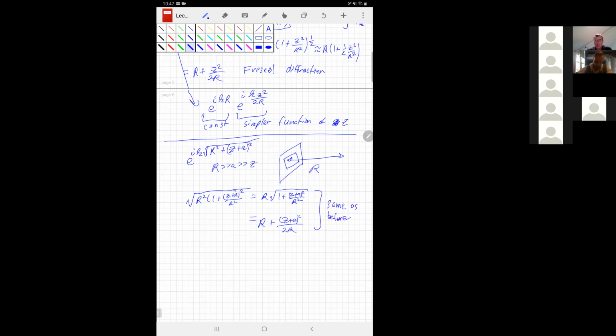But now, here's where things get a little bit different. Let's actually write out what this z plus a squared is. So we get r plus z squared plus a squared plus 2az over 2r. And now we're going to say that r and a are constants.